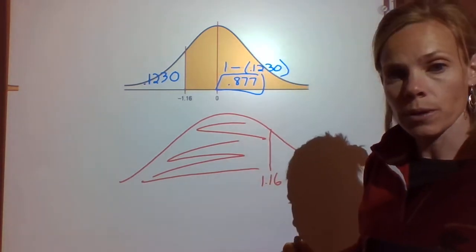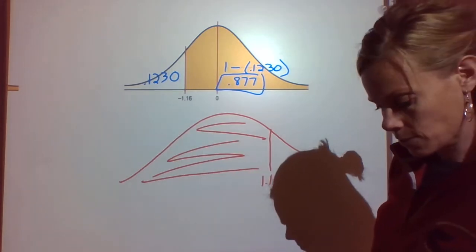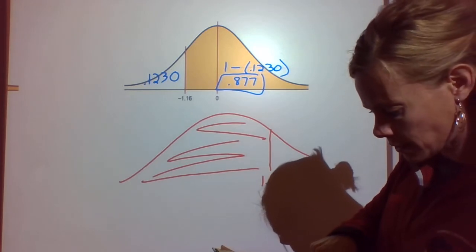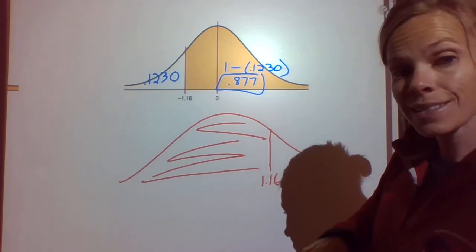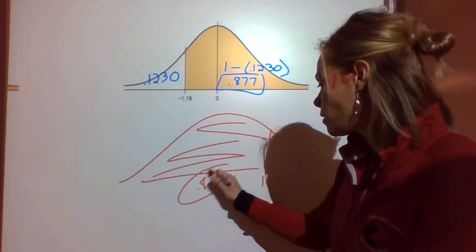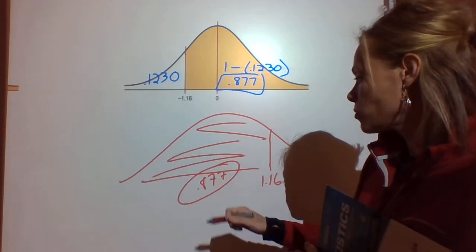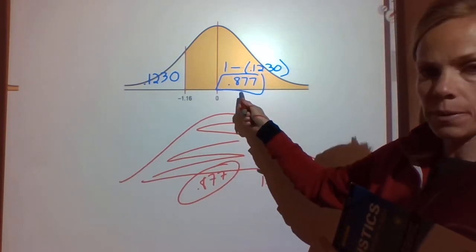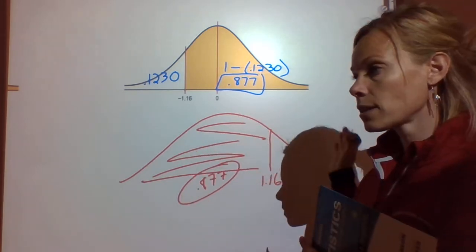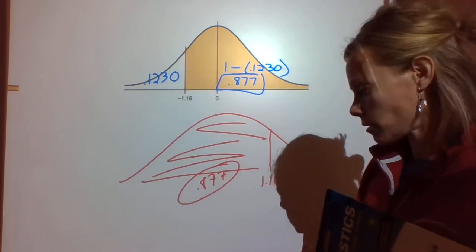Now look up 1.16, the positive, look up the opposite number, 1.16. What do you get? So if you look up 1.16, we get 0.877. So it's a little bit faster to get it. You can still do it this way by the complement, that's fine. But to get area to the right, you can also look up the opposite z-score. It's a little bit faster.